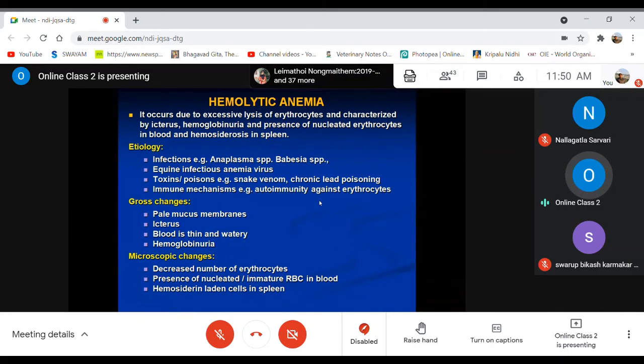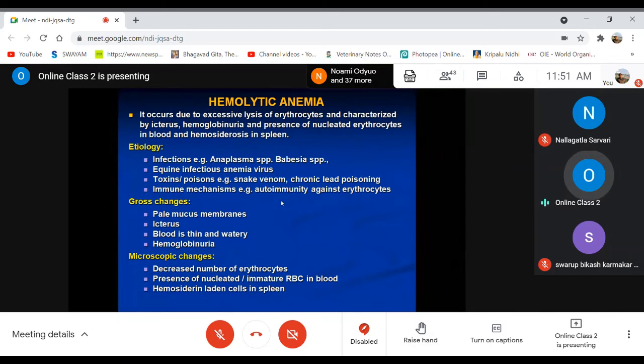That is another example or cause, right? And so far as the gross changes are concerned, as we have already discussed, there will be pale mucous membrane and yellowish discoloration leading to jaundice or icterus. The blood will be very thin and watery, and there will be presence of hemoglobin in the urine, what we call hemoglobinuria, right?